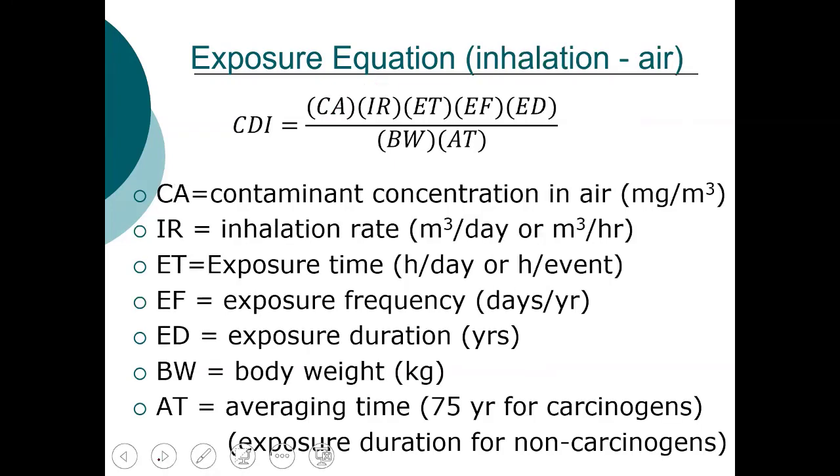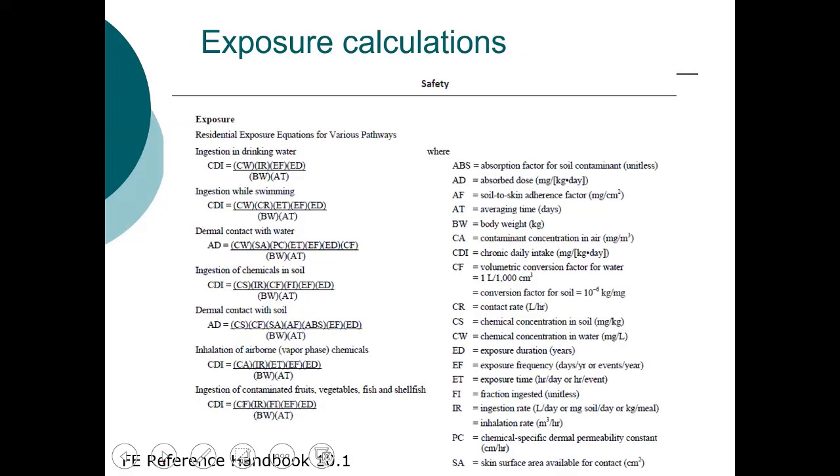We can do the same for air. Now we're looking at the air concentration, but now we're looking at the inhalation rate, not the ingestion rate. And again, we'll use an averaging time. For carcinogens, we use an averaging time of 75 years, so it's a lifetime exposure. And for non-carcinogens, we use the exposure duration. You'll see that in the examples.